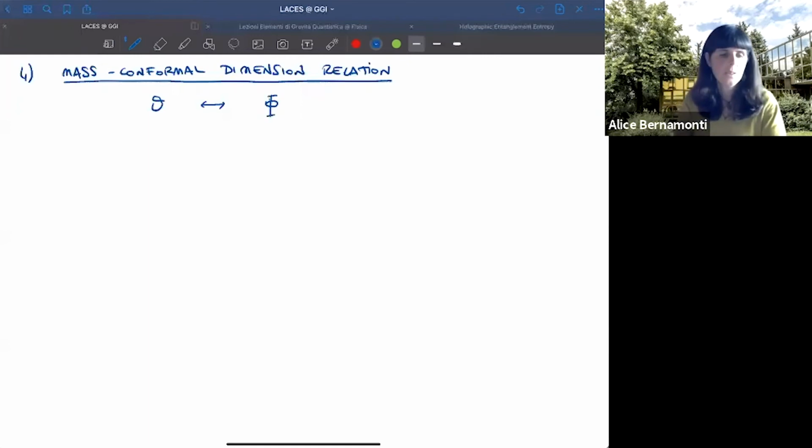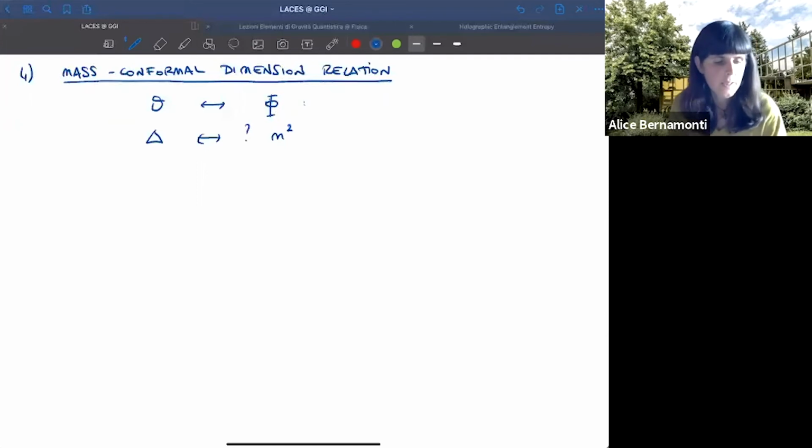And now what we would like to ask is how the conformal dimension of the operator, which we saw is a basic ingredient to classify representations, maps in the bulk. What is delta related to? And what we'll see is that this is reflected in the mass of the bulk field.